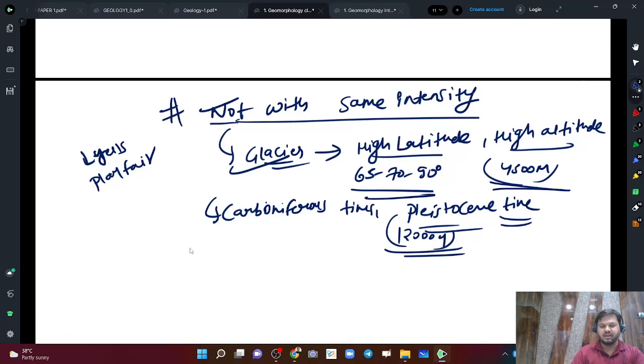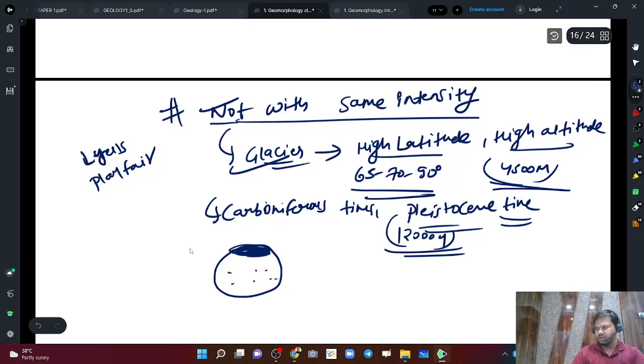So what was happening in the ice age? Today glacier is only at this part and maybe at some elevated parts of the earth. But in ice ages, these mountain peaks, and here also we have glaciers, Antarctica and Arctica.